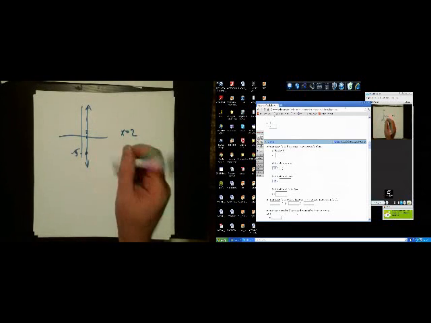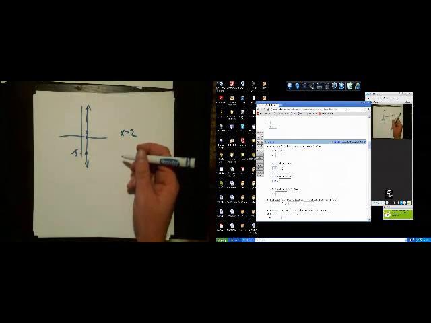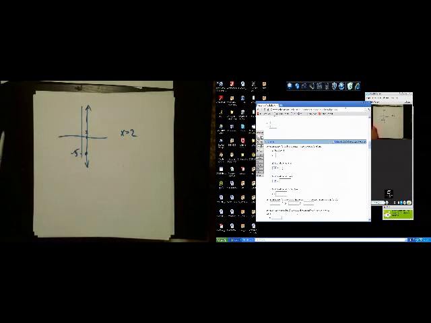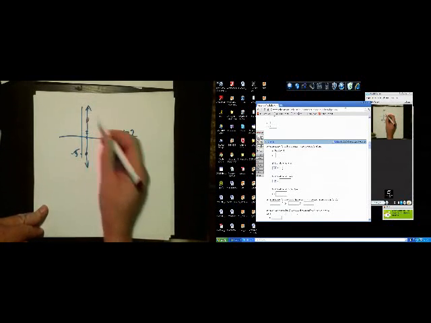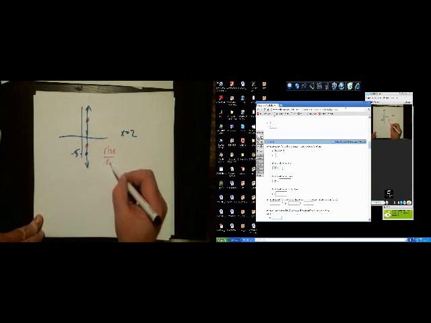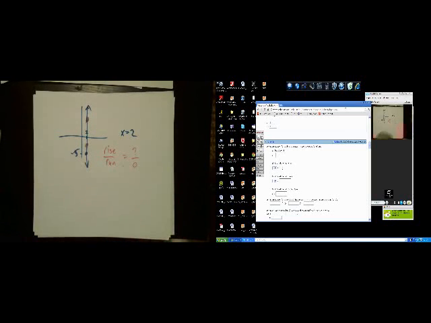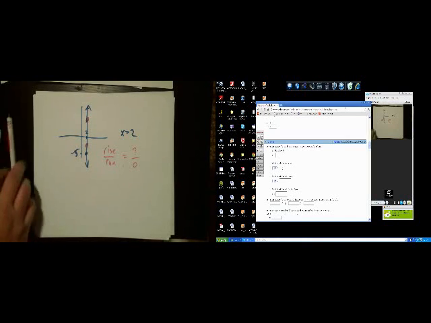The issue is what's the slope, and here the run is 0. If I pick any 2 points and I do rise over run, it's something over 0. So that's undefined.